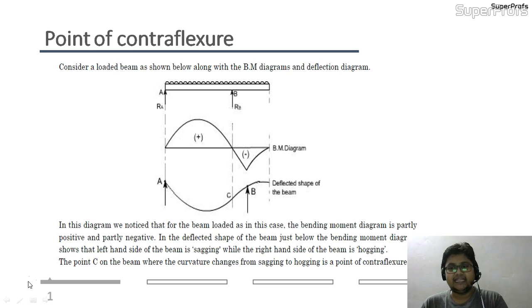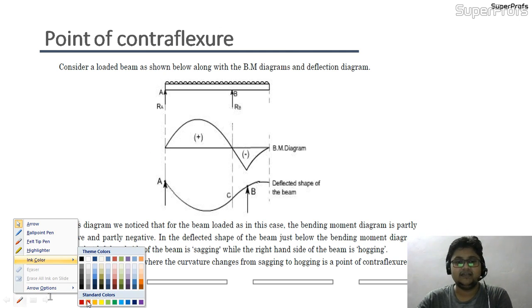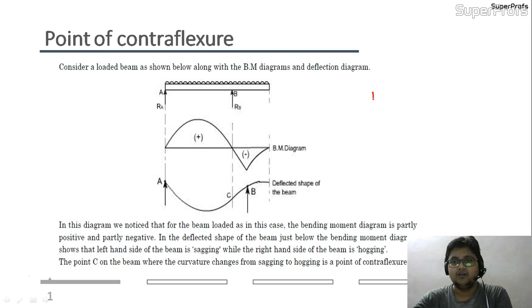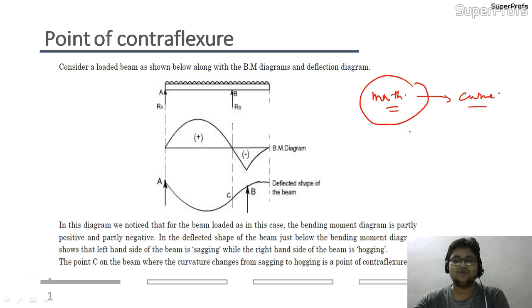Also, I related my diagrams with the mathematical equation and drew various conclusions about the relation between what we are writing and what we are drawing geometrically. It means first you solve the mathematics, and accordingly you can draw the curve or the diagrams. Now I ended with a point that was a point of contraflexure.